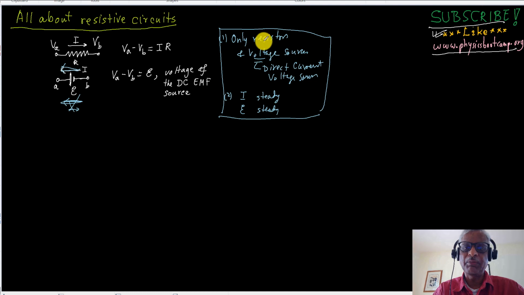All right. What is a resistor? A resistor is basically a conductor, like a wire.